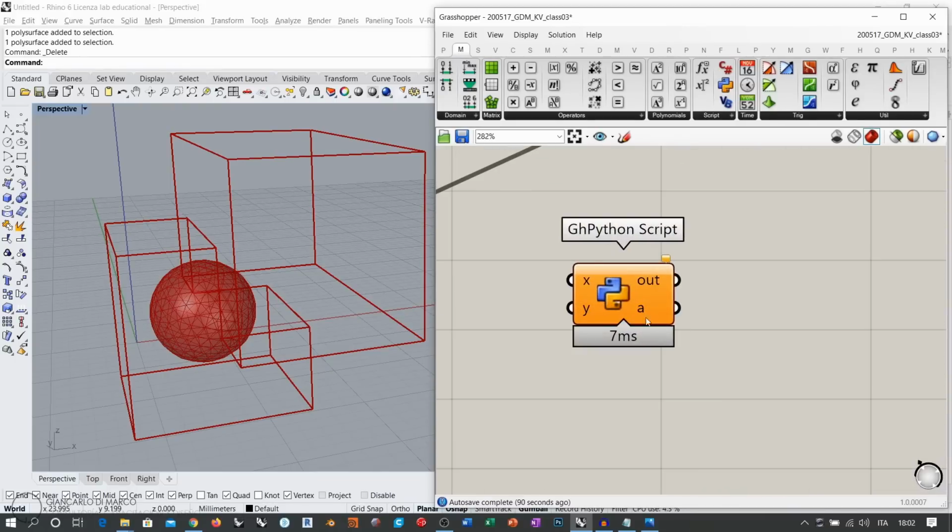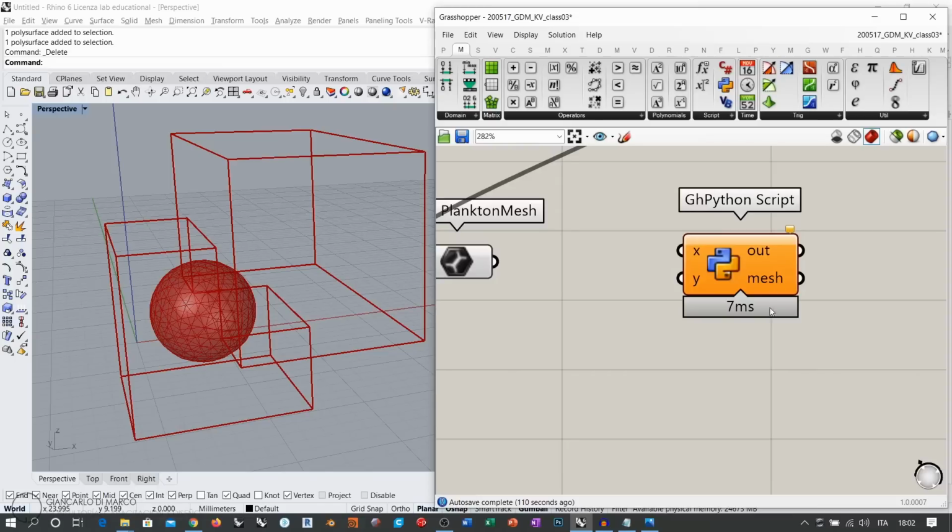Okay, so the A is not going to be just a variable, it is going to be the mesh result, and output is just, I don't know if you are into Python already, but this is just something like debug messages, something that you might use in order to understand whether your code is working properly or at what point you have some problem, and so on. So I will leave it like this.